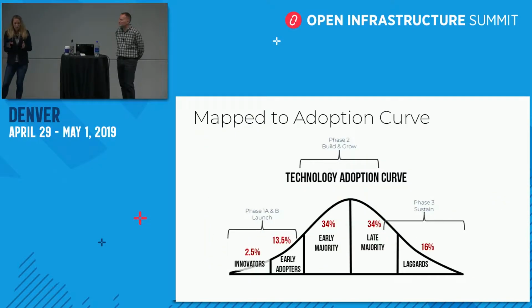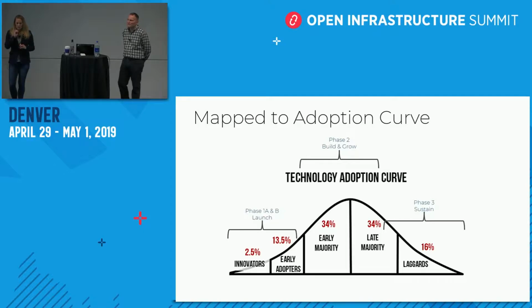So this is what I was talking about earlier. The way that we think about this, when we're moving through each phase, and the way that we gauge where we're at, are checkpoints with adoption and with the industry.